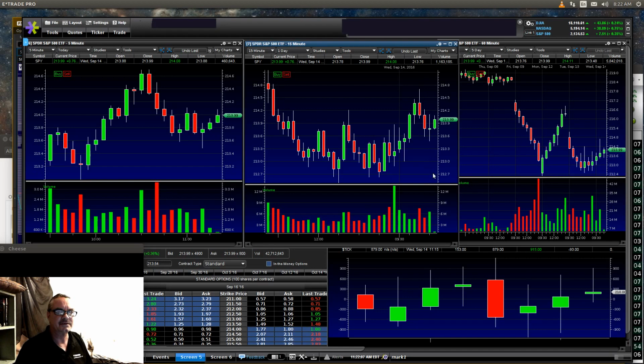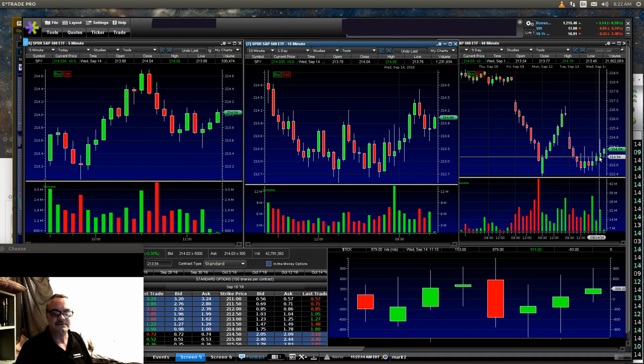An expanded volume, and that was our reversal. See, now if it retraces this previous upthrust, then it's off to the races.